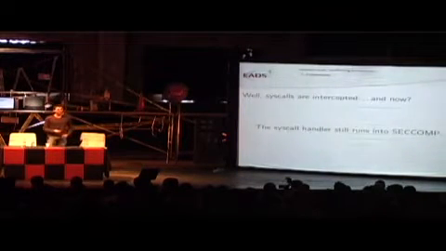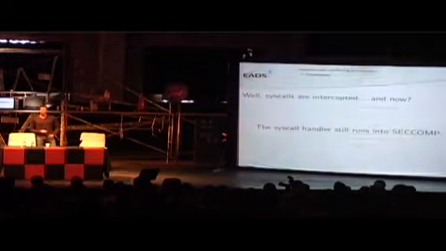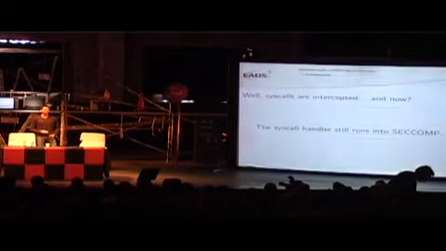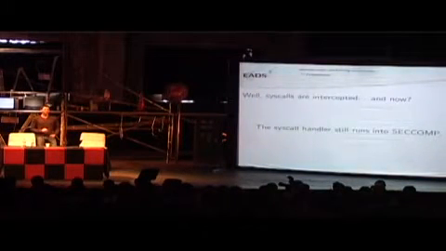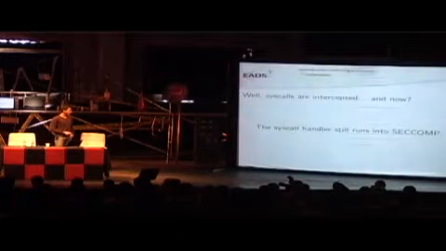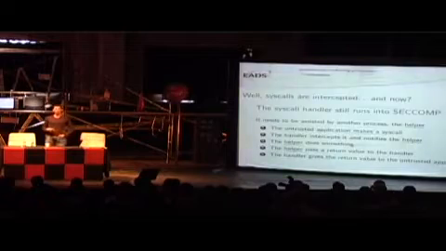But the problem is, okay, we managed to intercept system calls, and now what can we do? Because the handler, which is intercepting the system calls, is still running under SECCOMP, so we can't do anything else. So we have to introduce another process.